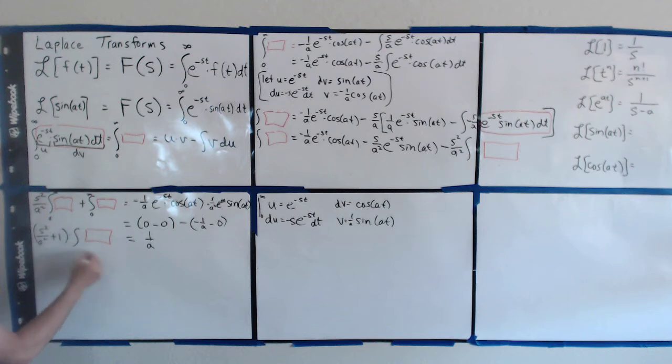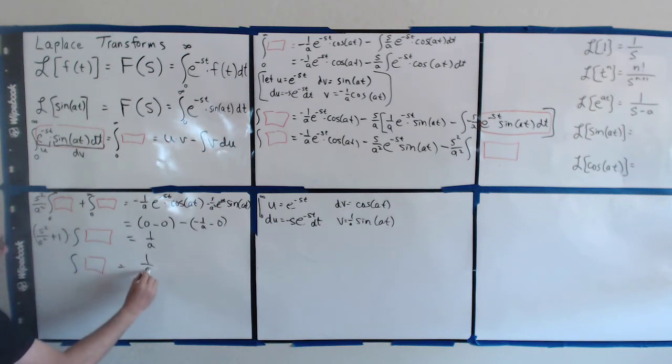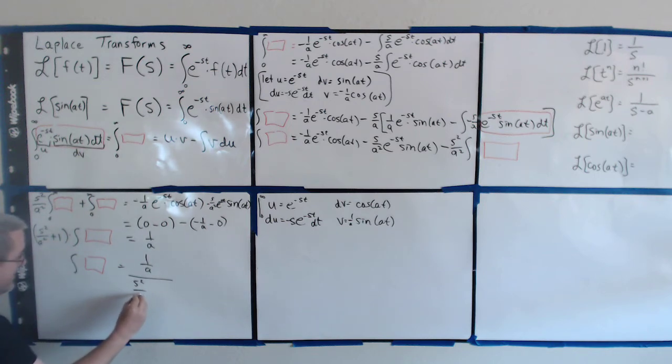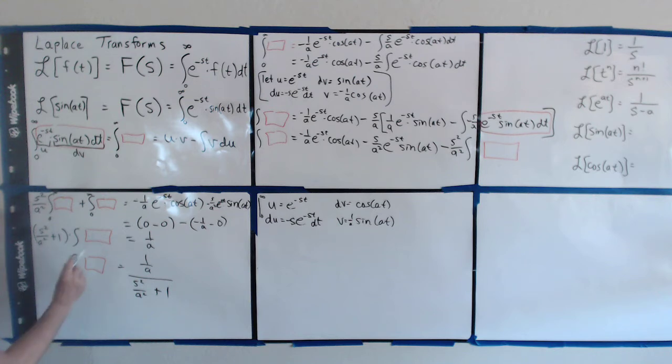Remember, the goal is to figure out what that integral is. So the integral of that stuff in red is going to be equal to 1 over a divided by, there it is. Remember, this stuff in red was the Laplace transform, e to the minus st sine of at dt from 0 to infinity.